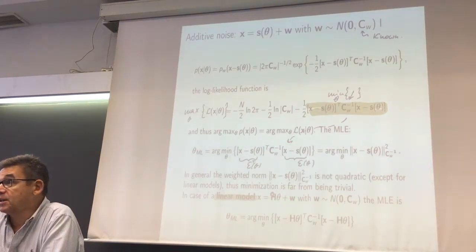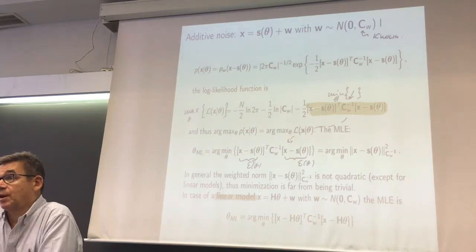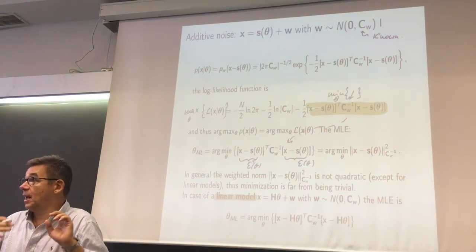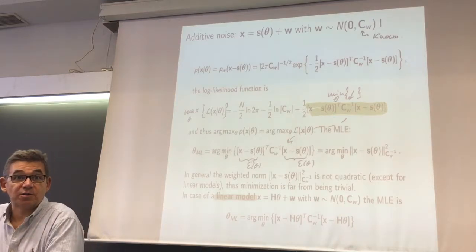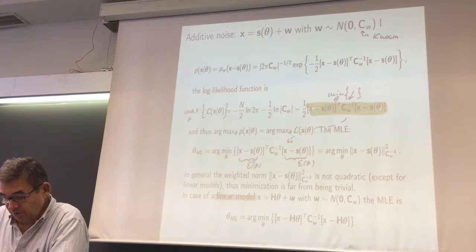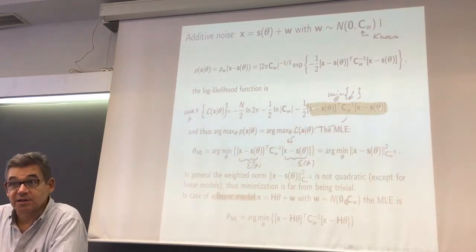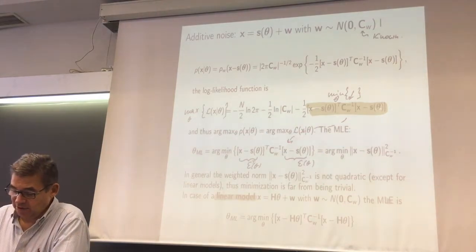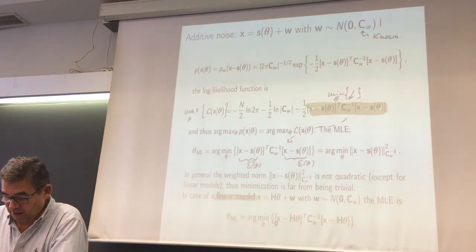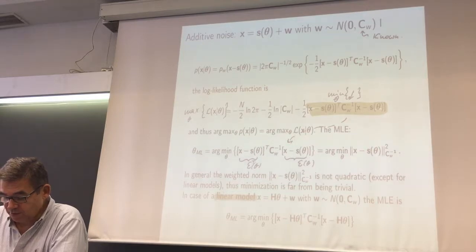We have seen that this linear model represents a class of problems like the filtering we have seen many times. If we assume a linear model with noise W, and the noise is Gaussian with a known covariance, then the maximum likelihood can be written as the minimizer of x minus h times theta, transposed, CW inverse, and so on.